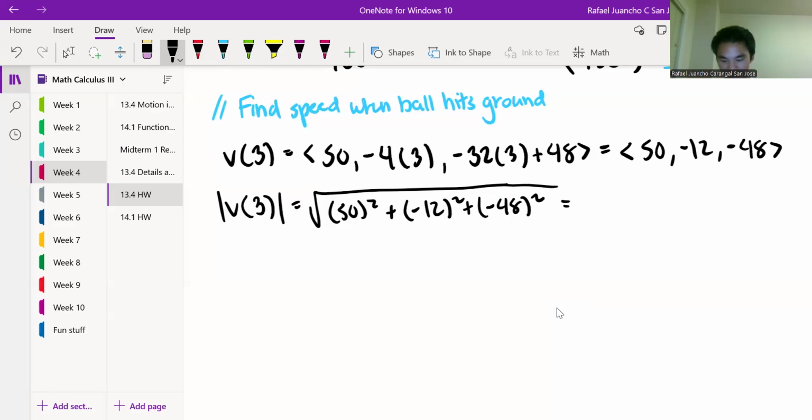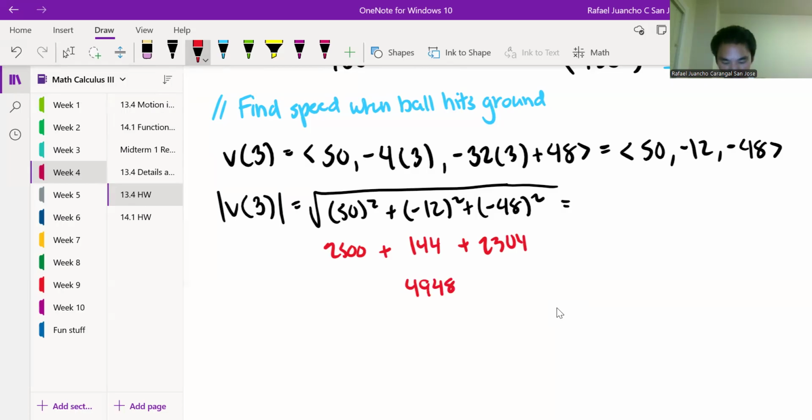I can simplify. This is 2500. This is 144. This is 2304. Continue adding. I get 4948.